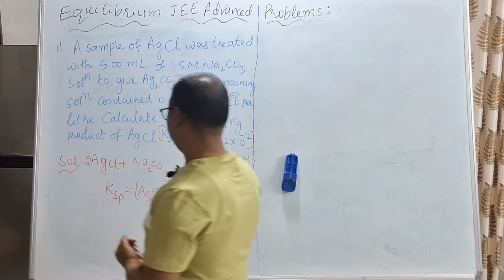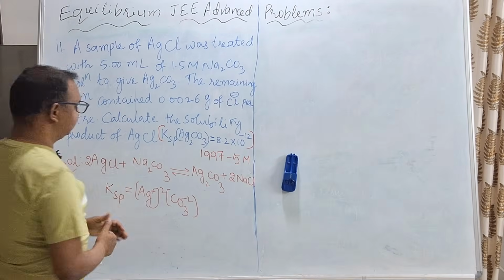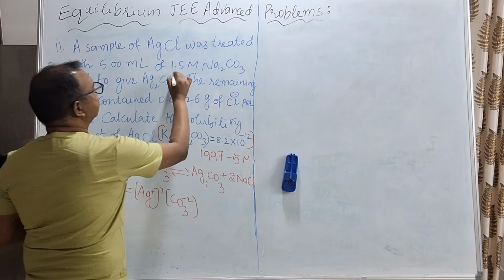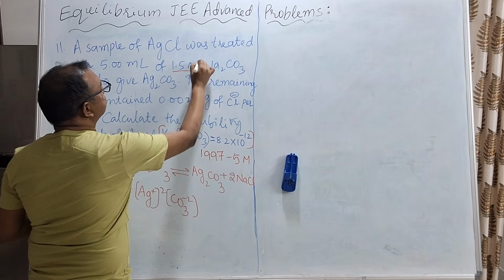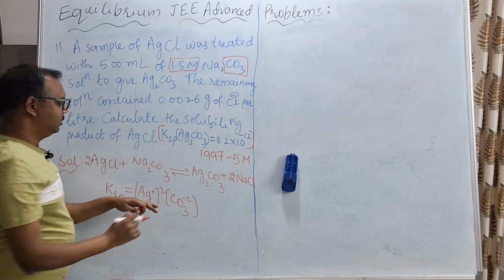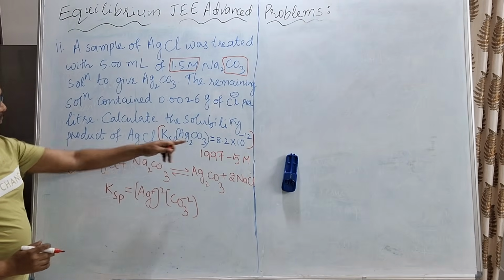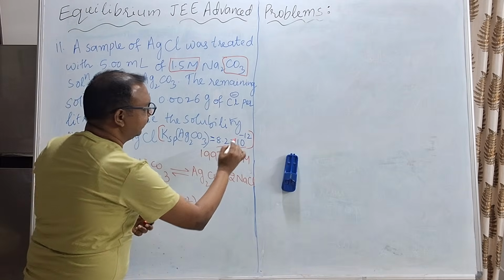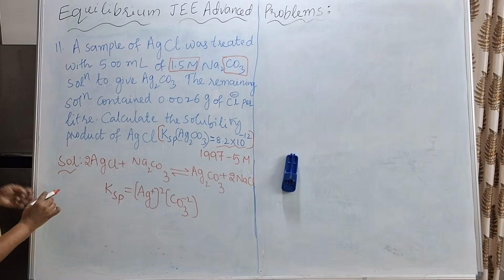Now, here we are required to find out the concentration of Ag plus. Now, carbonate ion concentration is given. How much carbonate ion concentration? 1.5 molar. The carbonate ion concentration is given, and Ksp also is there, 8.2 into 10 power minus 12. Let us substitute the values here.